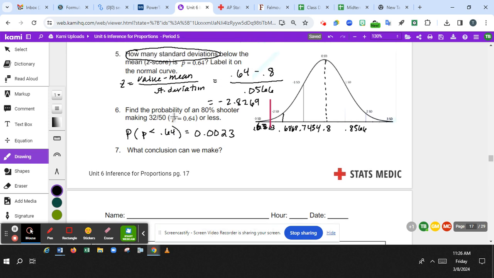It's desperately small. So what we're going to do is use our sentence to make a conclusion, okay? So the p-value is 0.0023, which is less than 0.05, which we're going to use as the standard for this question.